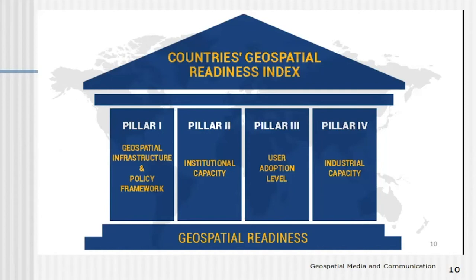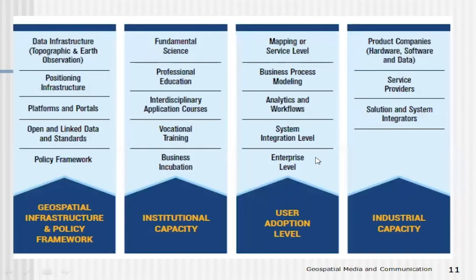Pillar 1 is geospatial infrastructure and policy framework. Pillar 2, institutional capacity. Pillar 3, the user adoption level. And pillar 4, the industrial capacity. This slide presents each component for each pillar.